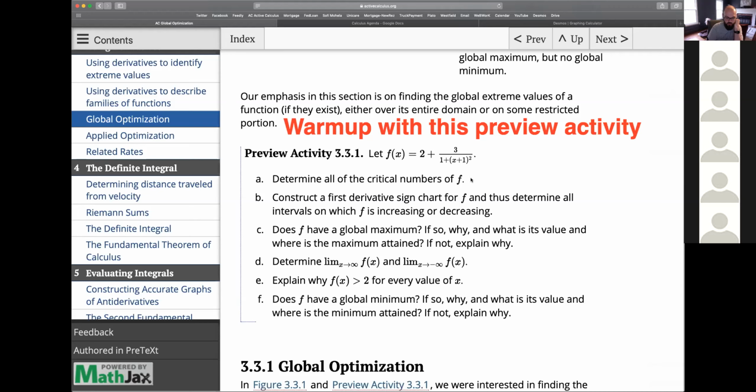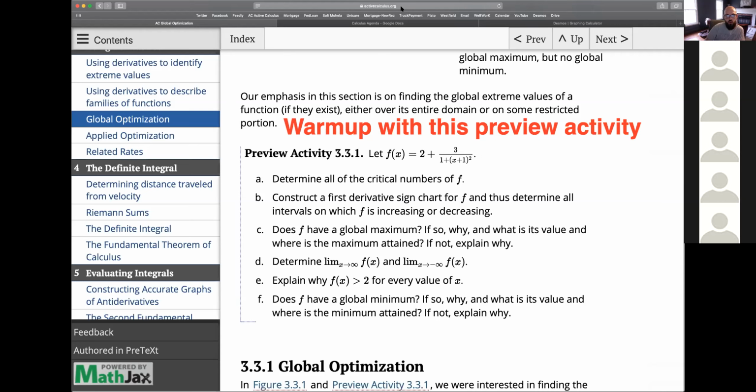Yeah, so you took the derivative of this thing, and then what kind of questions did you ask? Yeah, and then you figure out when is the derivative 0, or where is it undefined.